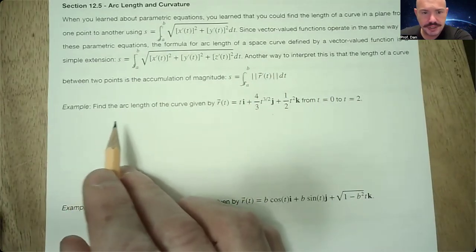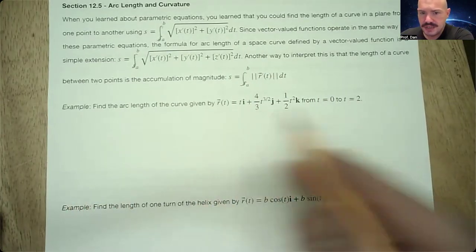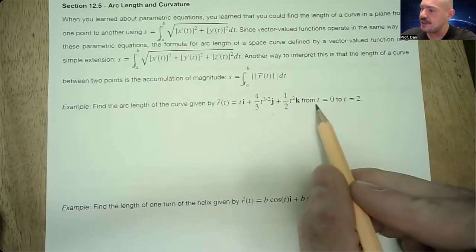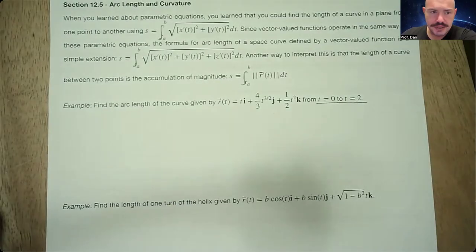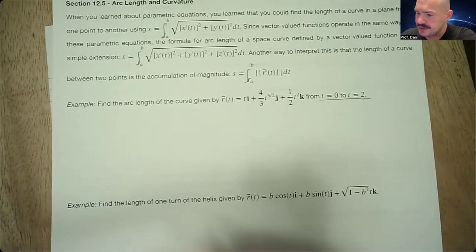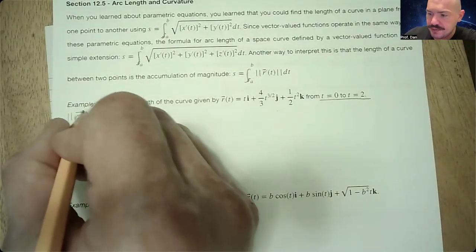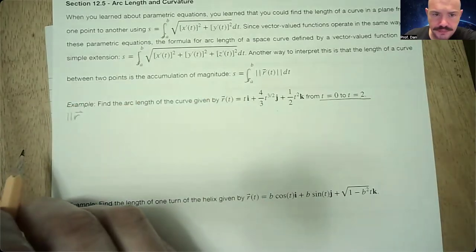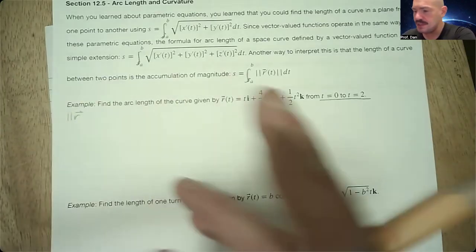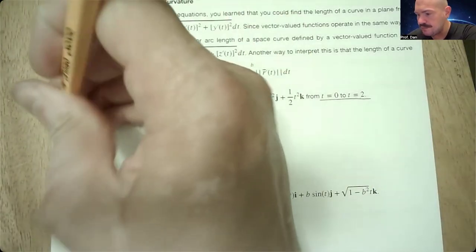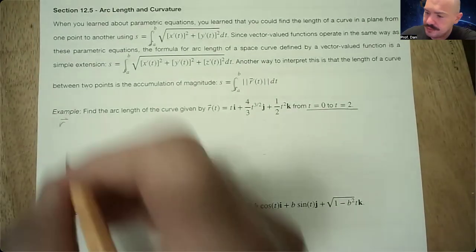We want to find the arc length of the curve given by r of t, and we're specifically looking for the length between t equals 0 and t equals 2. So for this one, first thing I need is to find my magnitude for r prime, actually. So not r, just r prime. So we're going to find r prime of t first.